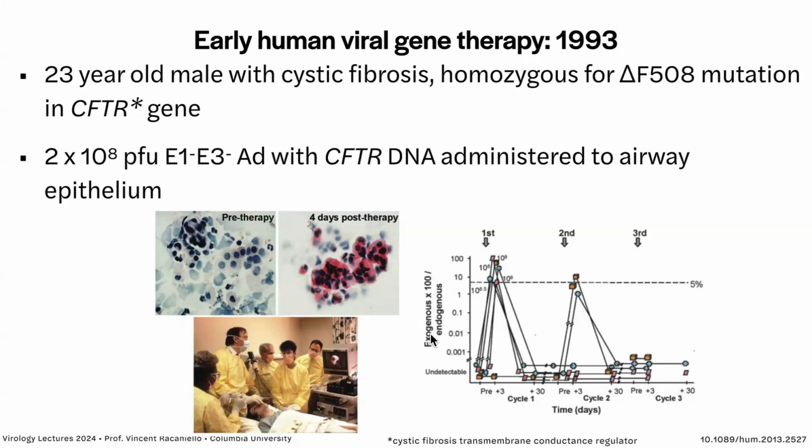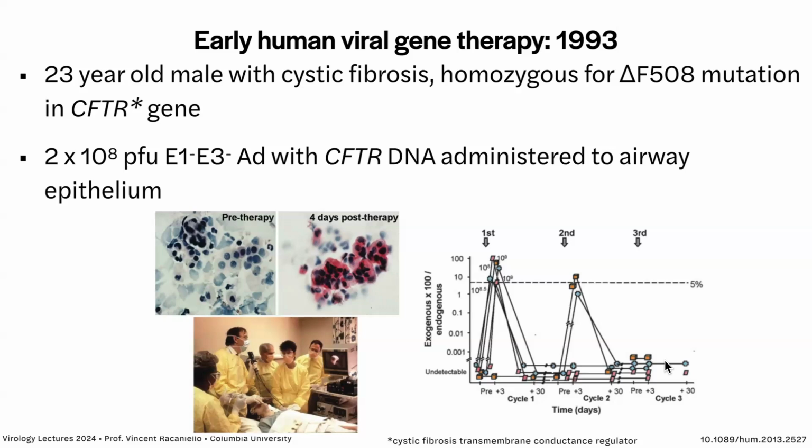And this is a graph showing the ratio of exogenous to endogenous CFTR. You can see in the first administration of vector, he made a burst of vector-encoded protein, and that went down. And then he got a second one. And then on the third time, it didn't work anymore. And so this is because he's making antibodies to the vector. And so this taught us early on that we need to do something about that.